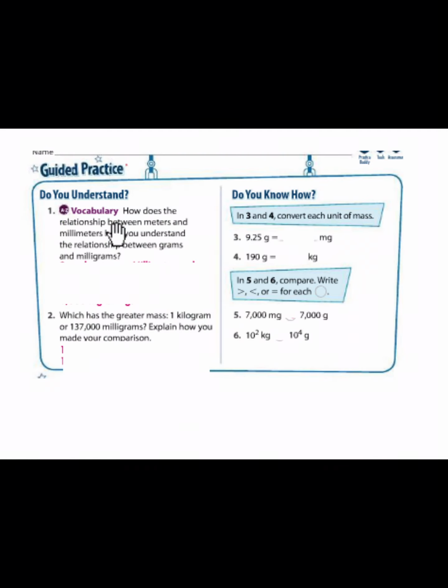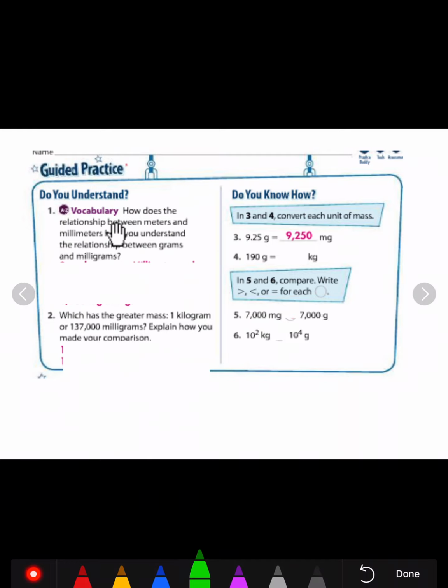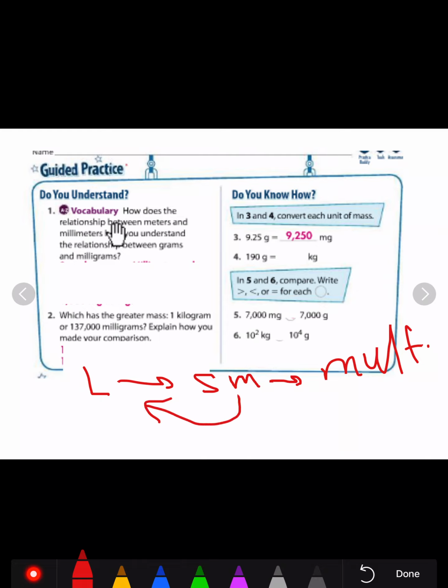So now how will I convert? The same way, guys, we need to multiply or divide by 1000. When we change from large to small units, we multiply, as we mentioned in the previous lesson, and from small to large units we divide.